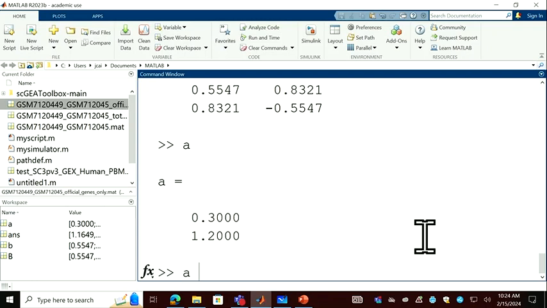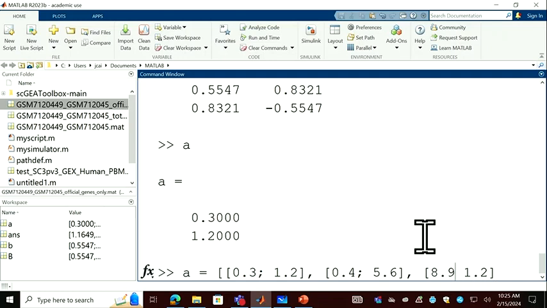In my case, my first A is 0.3, 1.2, but I can keep writing different numbers, just random numbers: 0.4, 5.6, 8.9, 1.2.